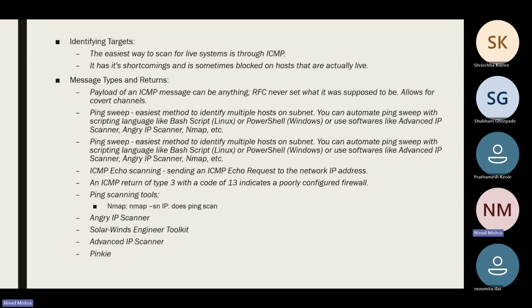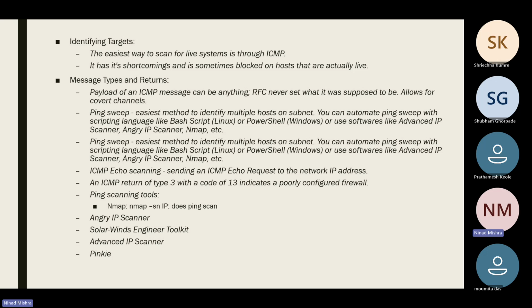Then there are message types and returns. We will understand this in the coming slides, but just to give you an overview: whenever we perform scanning to identify what kind of ports are open or which devices are running, it all depends on the flags that are sent and what kind of messages and payloads you are receiving.